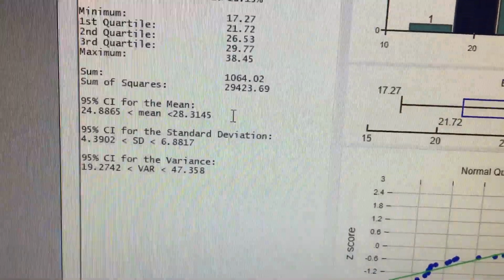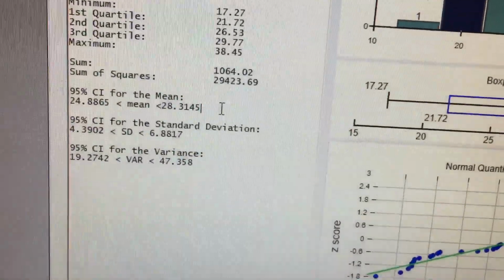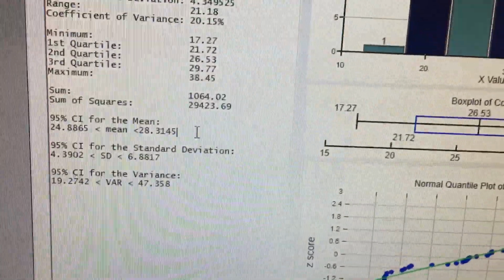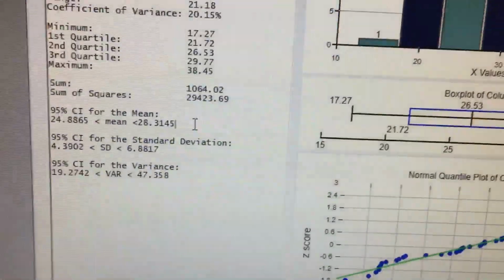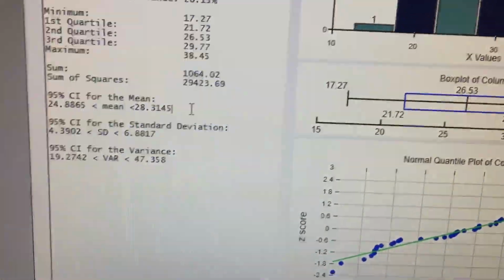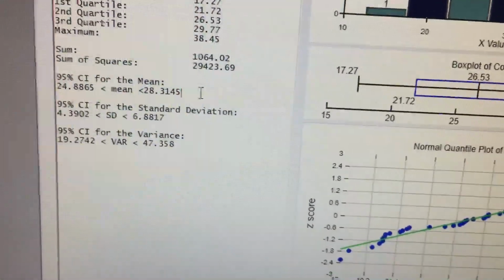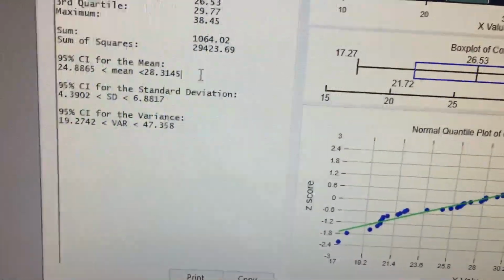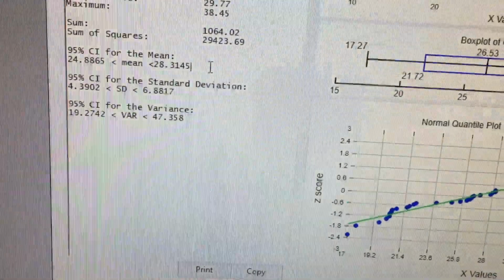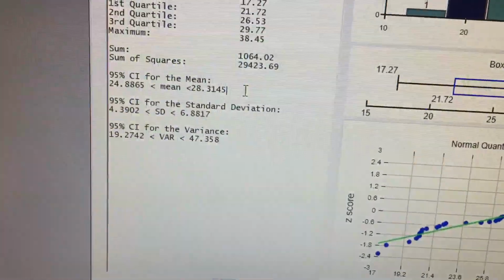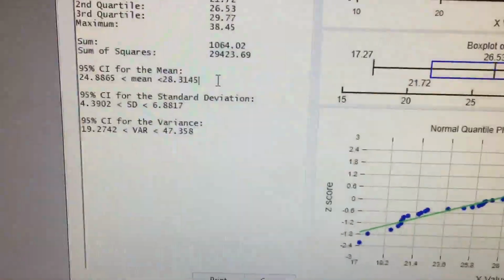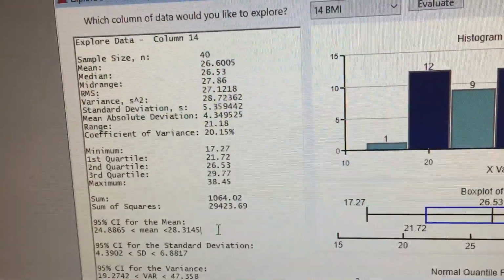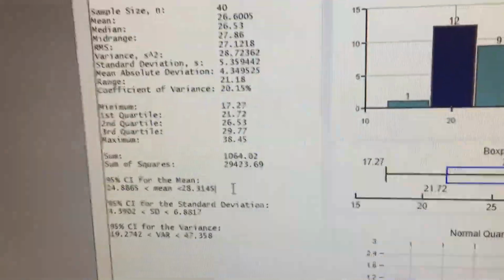24.8865 less than the mean and less than 28.314. In this case, you want to round that out to 3 decimal places, so it'd be like 24.887 less than the mean and less than 28.315. Actually, I take that back, let's say 2 decimal places.